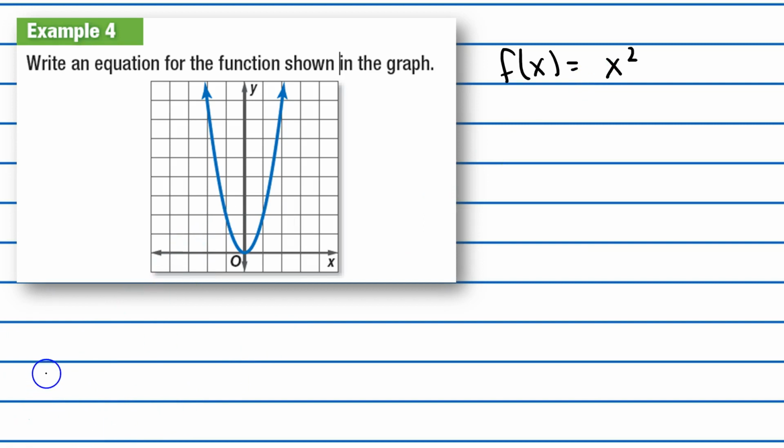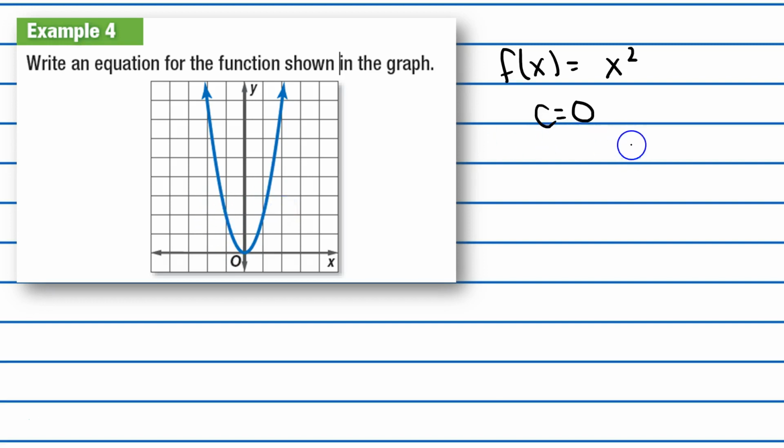And then, as we can see, the parabola has not been moved up or down, so that's good. So we also know that c is at 0. But we can see the graph has been stretched vertically. As you can see, it's a little skinnier than one of the normal parabolas.